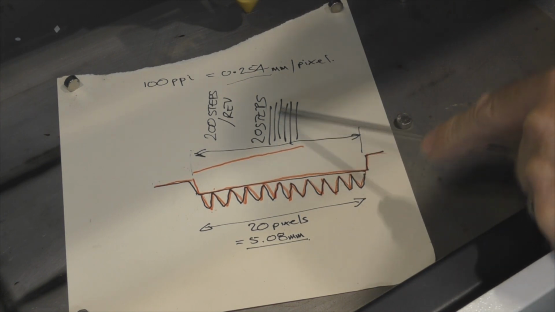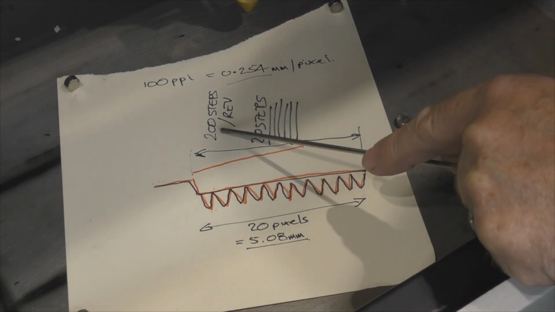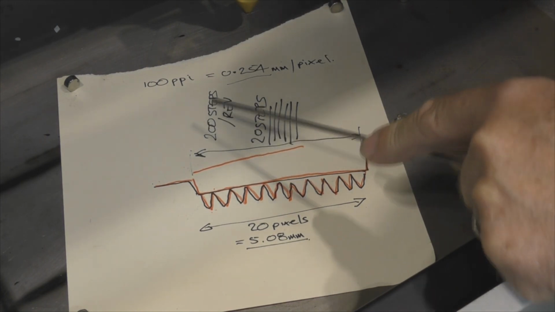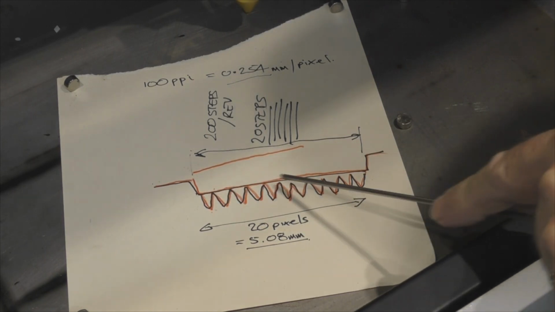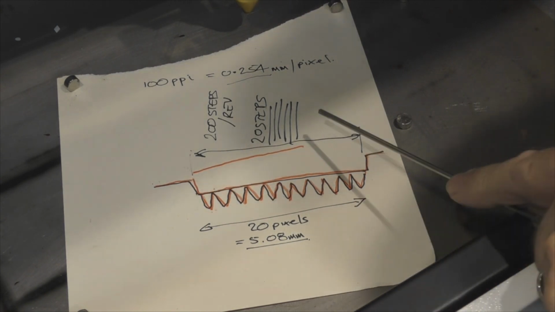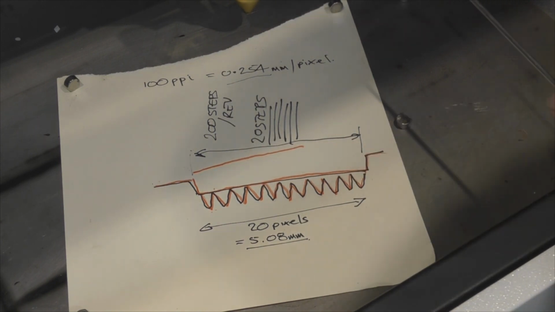Notice I say 20 steps. If the stepper motor runs at 1 revolution a minute or 2000 revolutions a minute, it's still going to take 20 steps to move across this pattern. So there isn't a frequency change in the pattern dependent upon the speed that we're running the test.